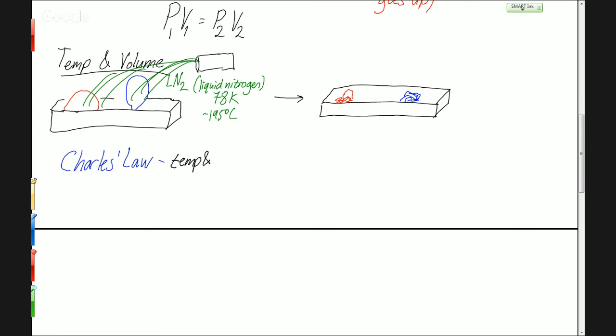The way we say that is that temperature and volume are directly proportional. In other words, if T goes up, then volume goes up also. If temperature goes down, volume goes down.